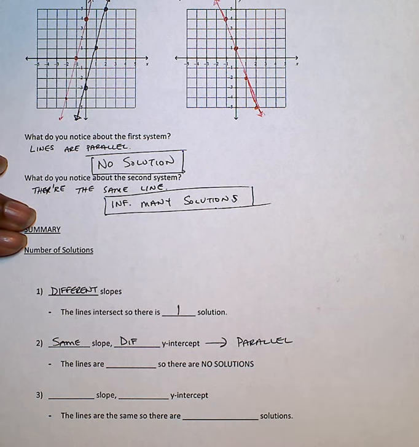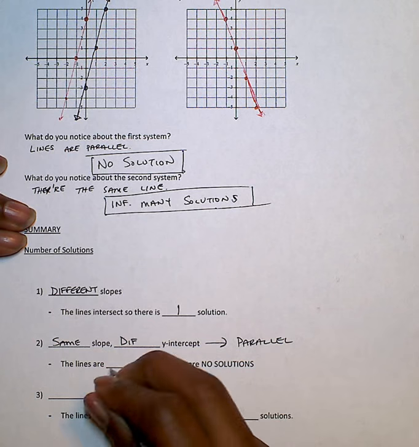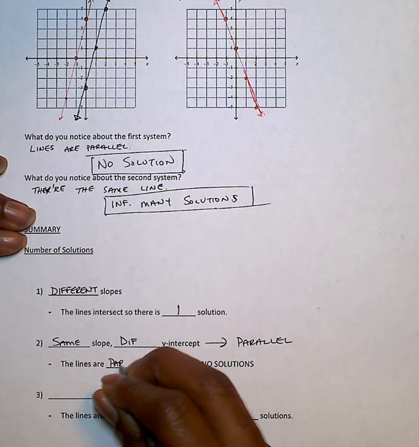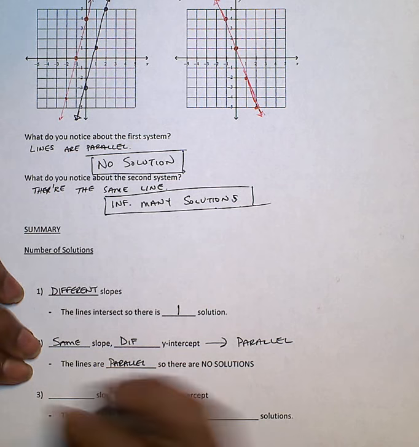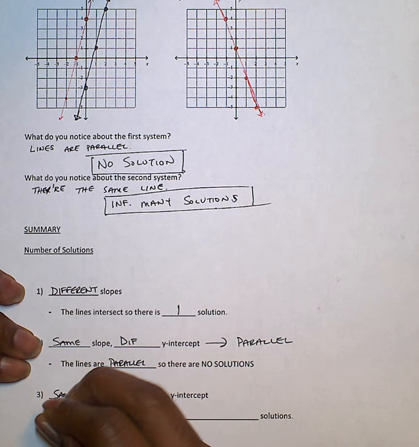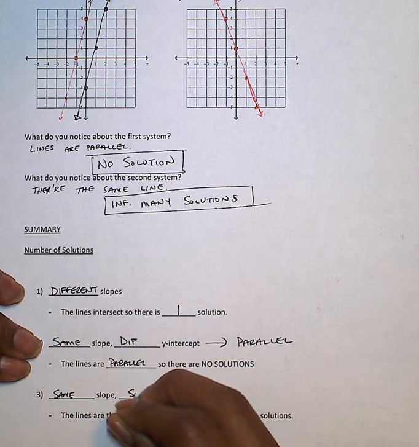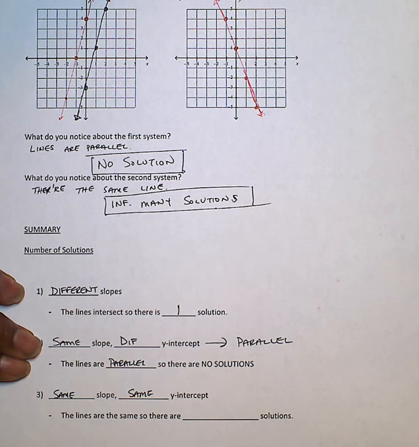The lines are, oops, I should have said parallel here, parallel. So there are no solutions. Parallel, they don't intersect. If they don't intersect, there's no solution. And then finally, if they have the same slope and the same y-intercept, the lines are the same, so there are infinitely many solutions.